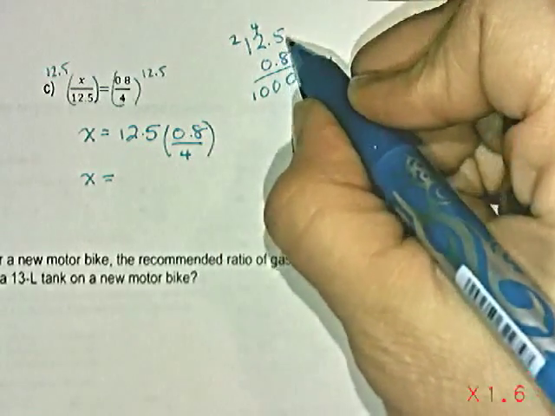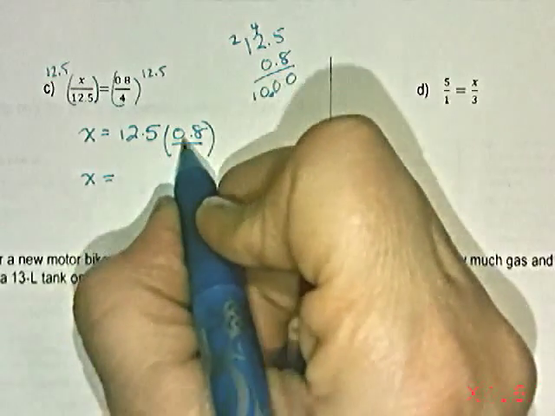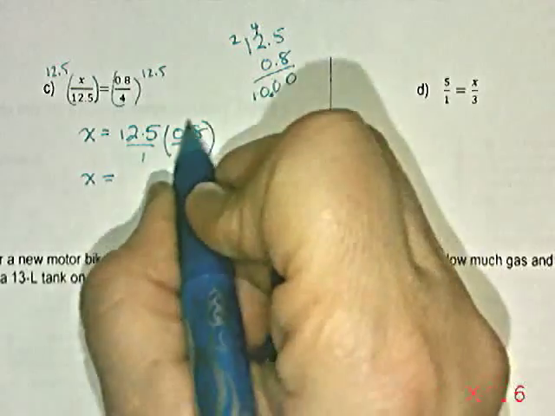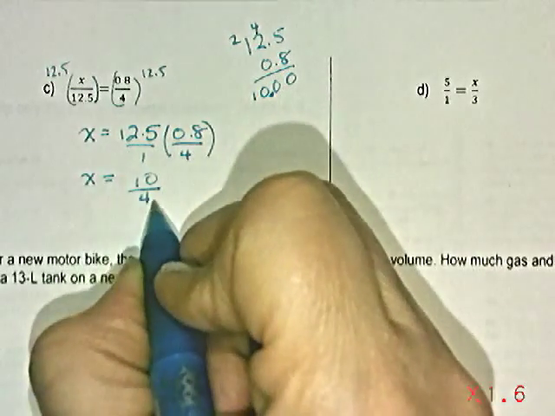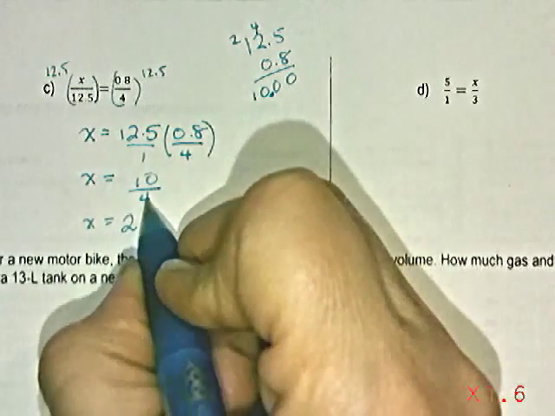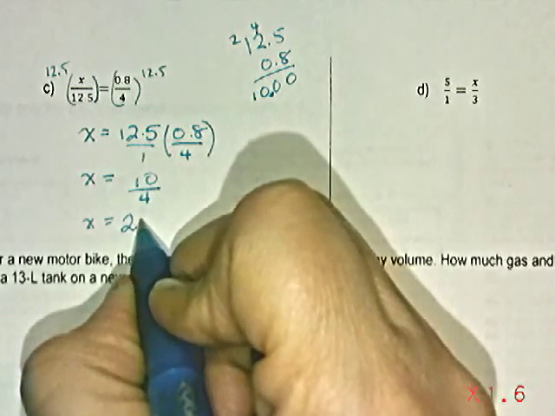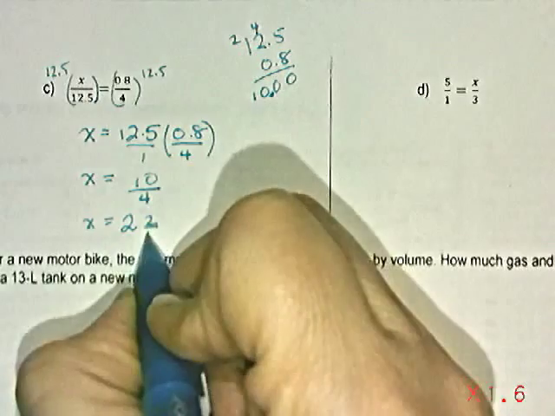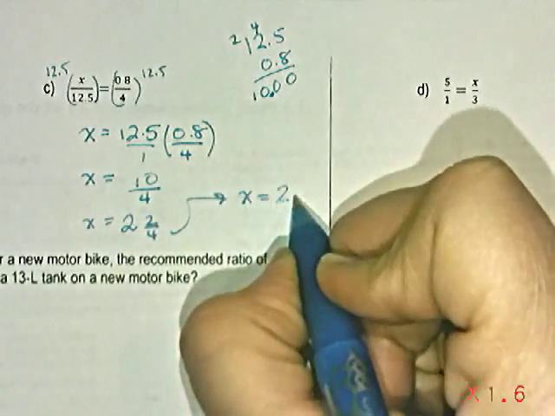And I have 2 decimal places, so I need 2 decimal places in my answer. So my numerator would work out to be 10 divided by 4. And so 10 divided by 4, there would be 2 4s in 10. And if I took 2 4s out of there, it would be 8. And so I would have 2 left over, 2/4. And so, of course, that's 2.5.